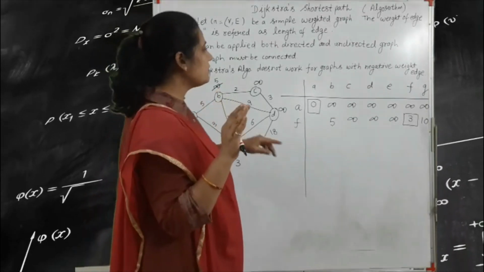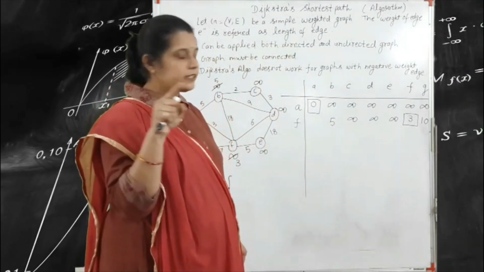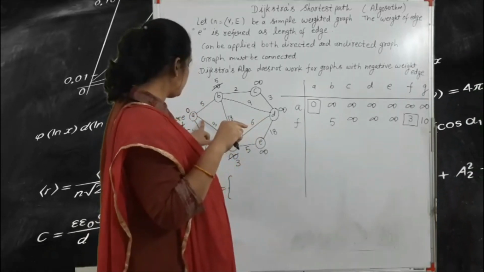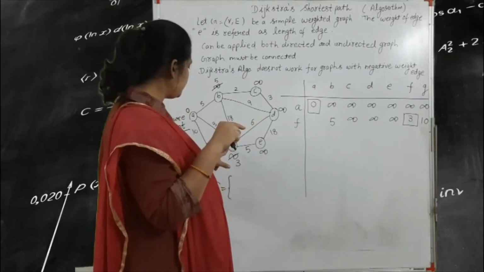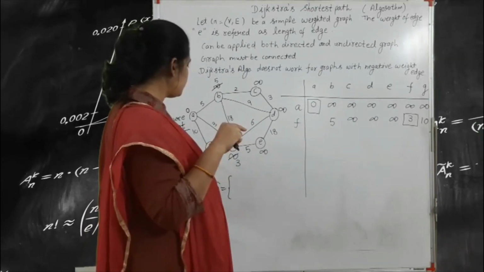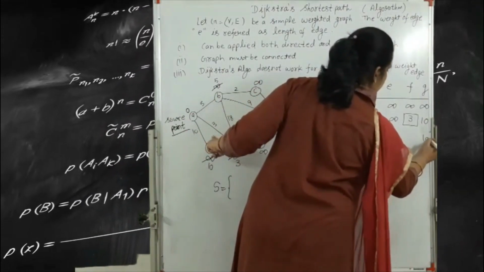So here we write F is equal to 3. Got it? Then F to G, we write here 7. 3 plus 7, 10. So F to G 10. We write here again the 10.